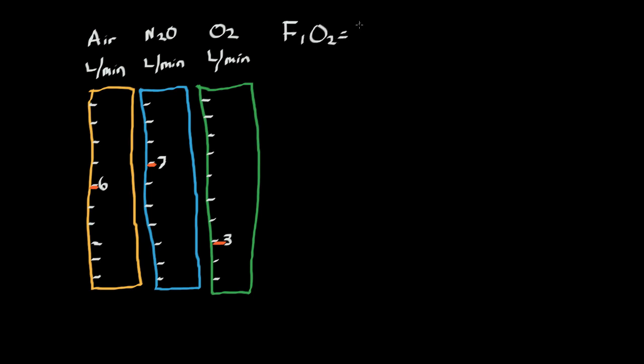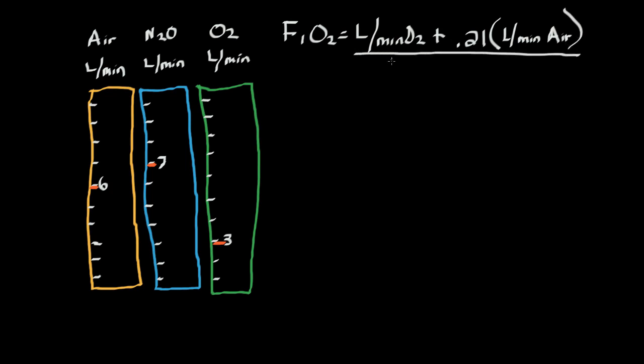FiO2 equals liters per minute of oxygen plus 0.21 times the liters per minute of air, all divided by the sum of the gases in liters per minute. So liters per minute of oxygen plus liters per minute of nitrous plus liters per minute of air.